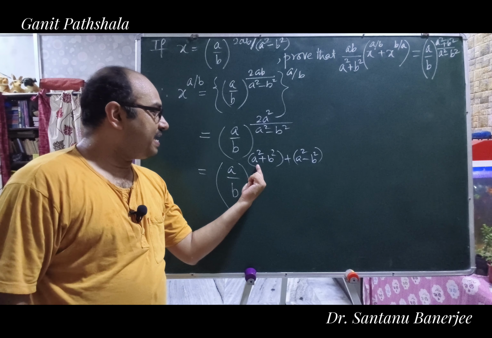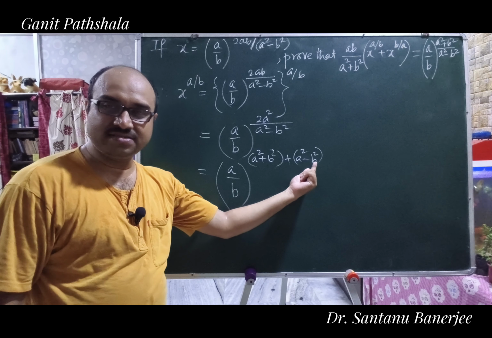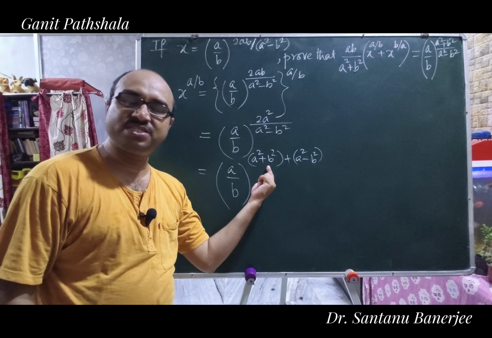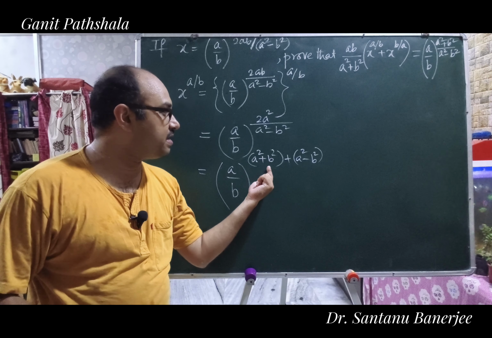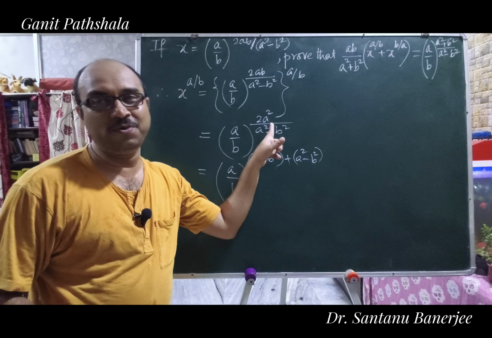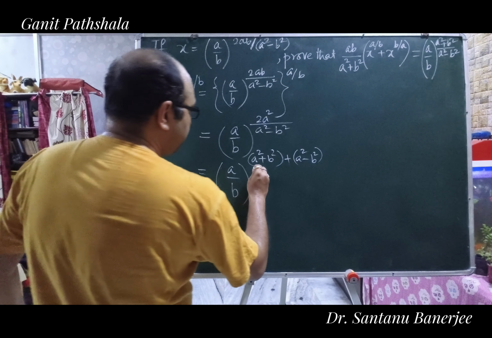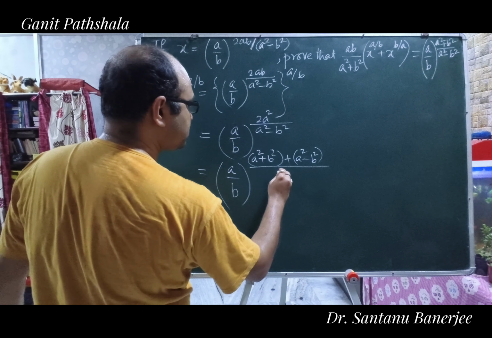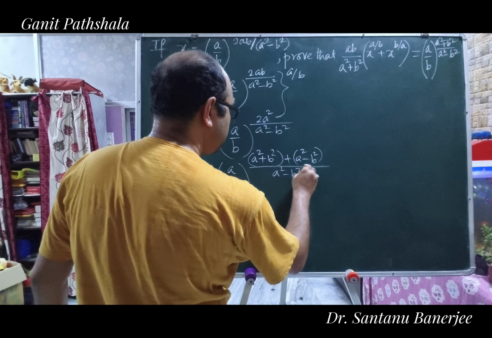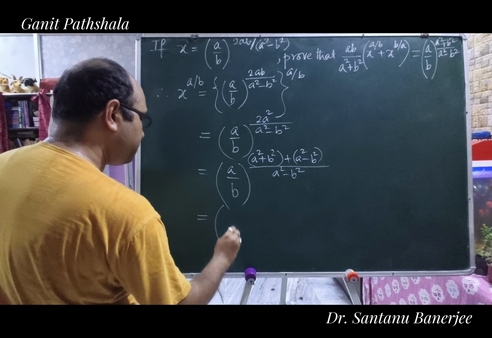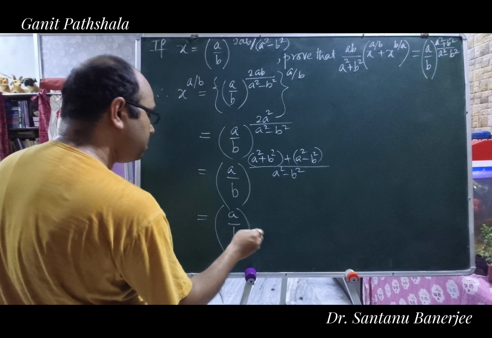So instead of 2a square you can write this. Why? Because a square plus b square plus a square minus b square, the minus b square and plus b square will get cancelled out, and what will remain? It will remain 2a square only. So 2a square can be written in this form, divided by a square minus b square, which is equal to (a by b) whole to the power.